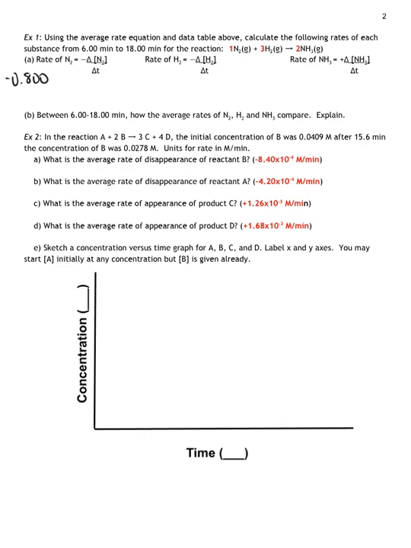When we take the difference, we're going to put a negative after we subtract. And the concentration of nitrogen at 6 minutes is 2.00 molarity.